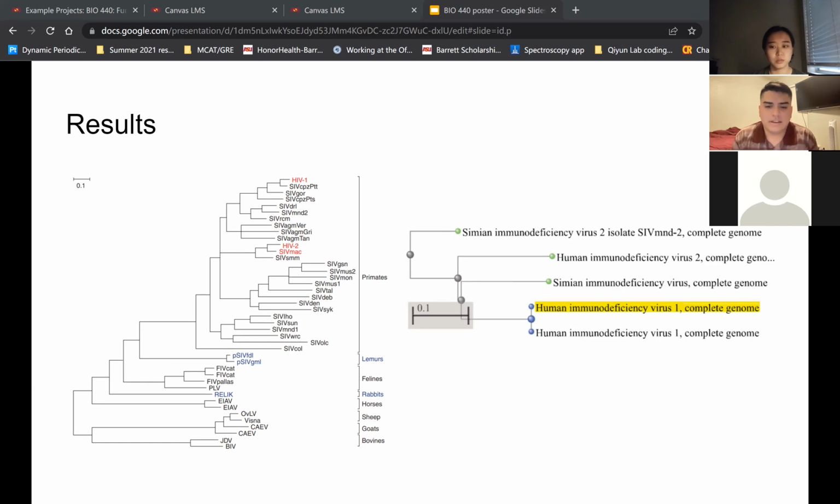Okay, so looking at a few of our early results, here we have two sets of phylogenetic trees. The one on the right is a BLAST result, which is focused only on the HIV1 ref sequence against the HIV2 ref sequence, all in relation to simian immunodeficiency virus.